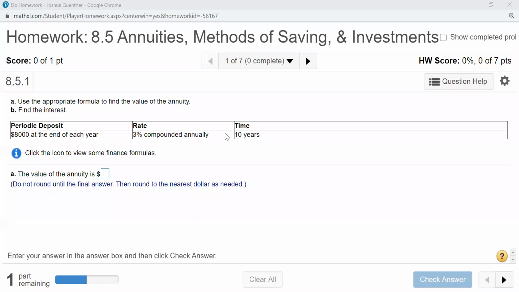Here, if you're talking about something that's section 8.5 related, you're actually talking about an annuity. Well, Josh, what if I'm on the test and I have no idea which section it's over? You're going to need to read the problems carefully. If it's talking about an annuity, if it's talking about saving some money over time and not just a one-time lump sum of money, but you're slowly going to put more money into an account.